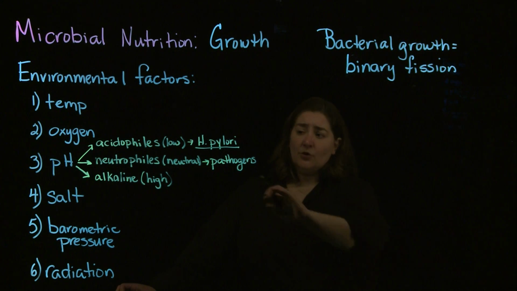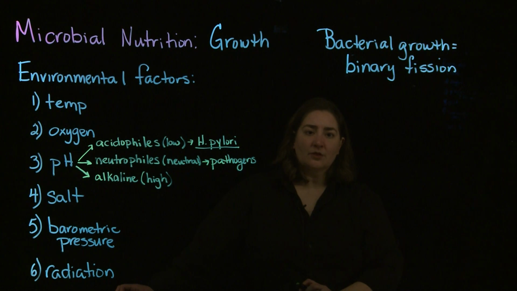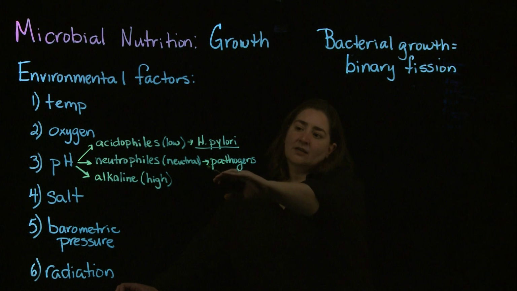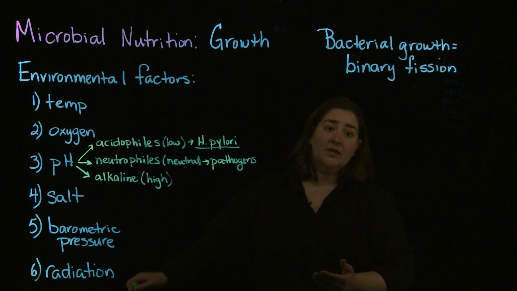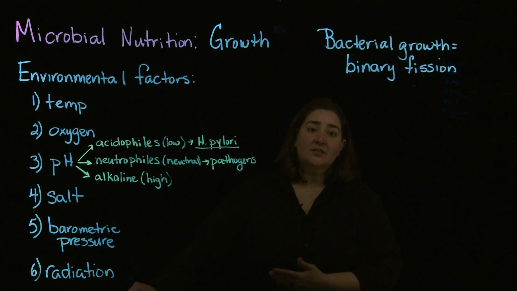Keep in mind with that, though, you do have an influence of numbers. We're talking about getting a fairly low dose of bacteria in for your stomach to be able to kill those bacteria so they don't survive within your system.